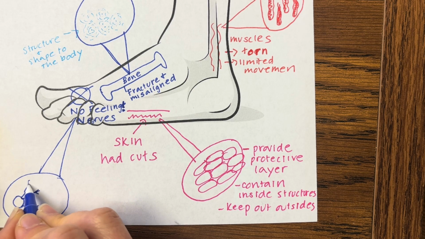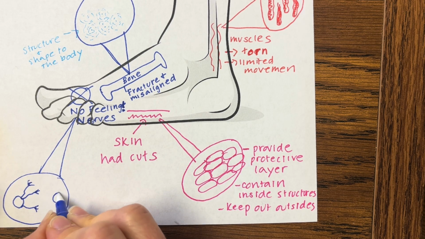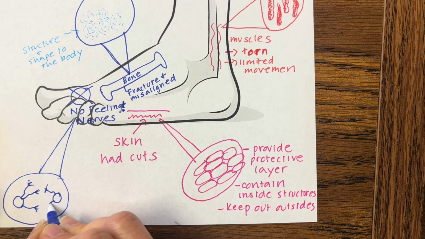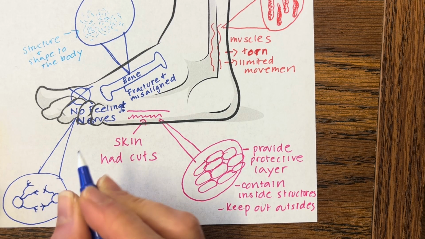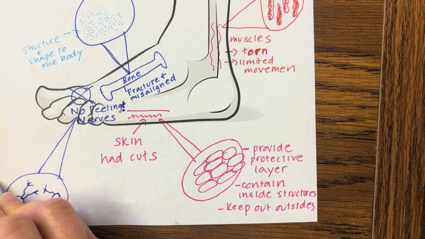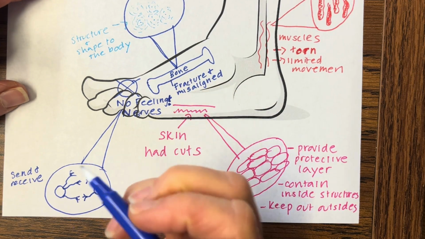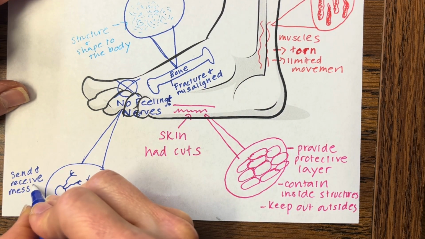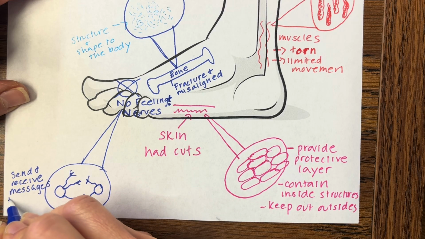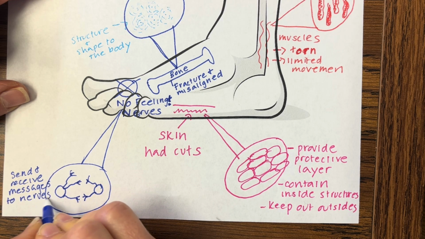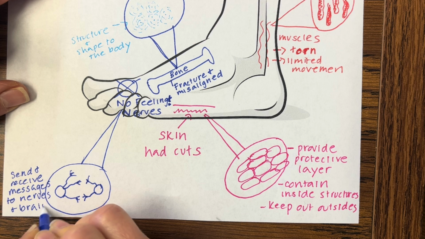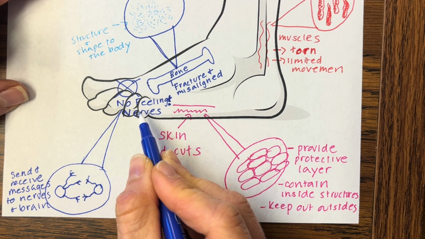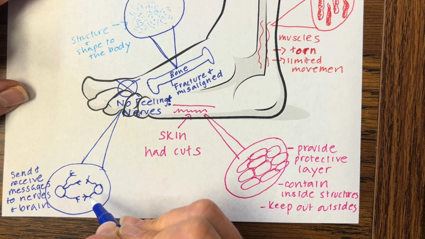They are not in isolation. They are typically with other nerves because their function is to send and receive messages to the nerves and brain. Since there was no feeling in the nerves, there must have been damage to the nerves. So nerve cells would need to replicate, divide, and make more of themselves in order to have the injury heal.